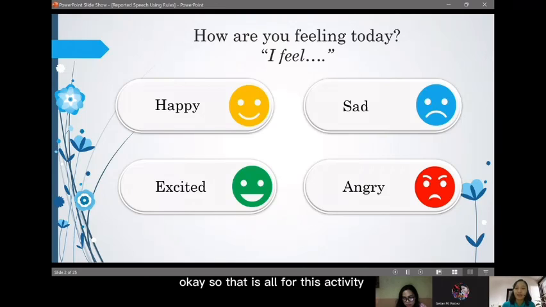So that is all for this activity. But before we move on, I just want to ask you students to guess what our lesson is for today, based on our activity. Anyone?